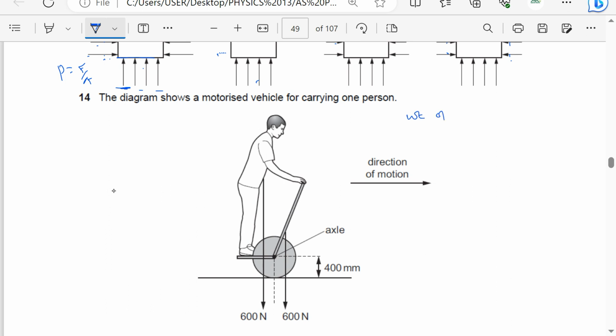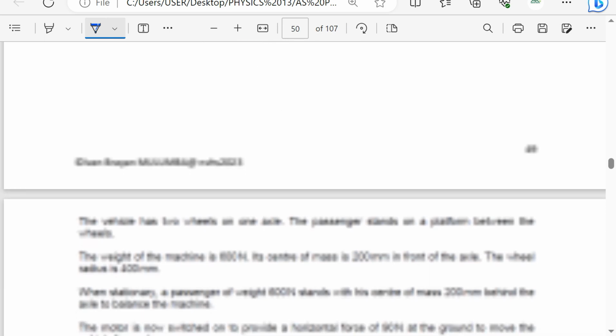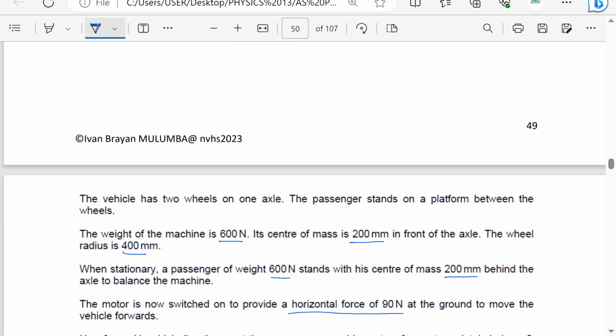The weight of the machine exerts a clockwise moment, which is equal to 600 times the perpendicular distance. They said the weight of the machine is 600. Its center of mass is 200 millimeters in front of the axle.